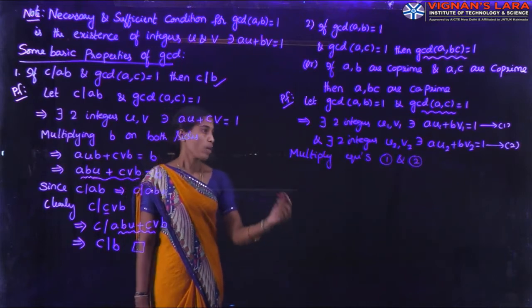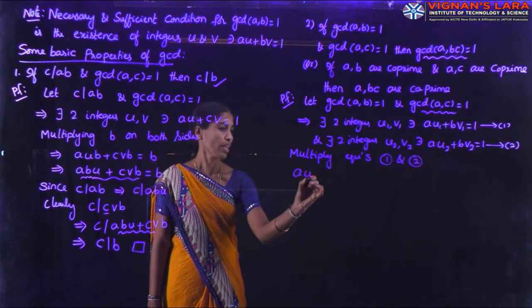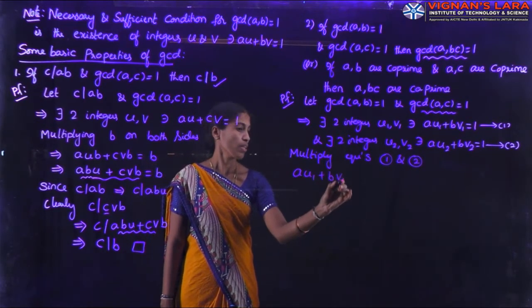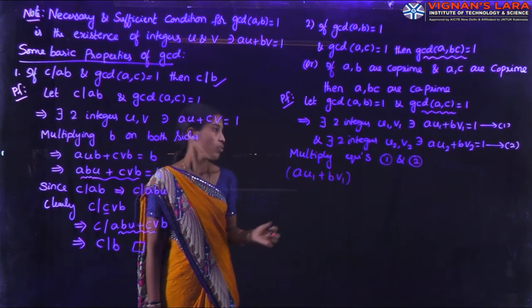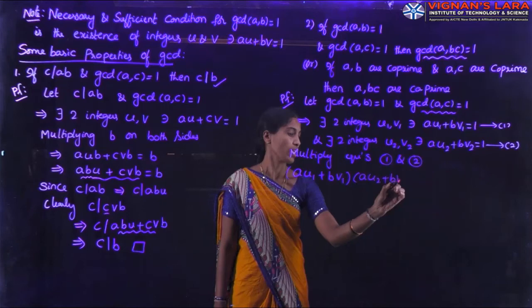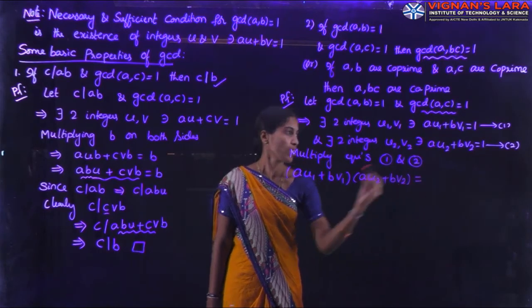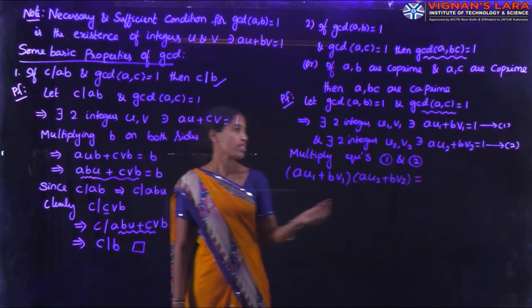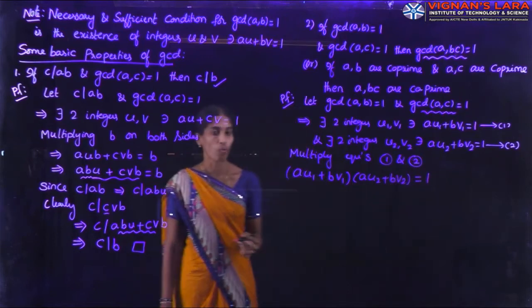So, what is one LHS side? a u1 plus b v1. Two LHS side is a u2 plus b v2, which is equal to RHS side, 1 into 1 is 1.